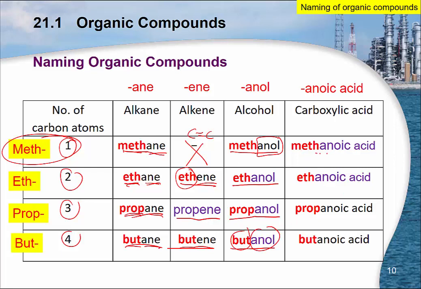Then the last one is carboxylic acid, which is always ANOIC ACID as a family name. So with one carbon inside, it's called methanoic acid. Two carbon is ethanoic acid, three carbon is propanoic acid, and finally with four carbon is butanoic acid. That's how we name the first four members of all the four families.